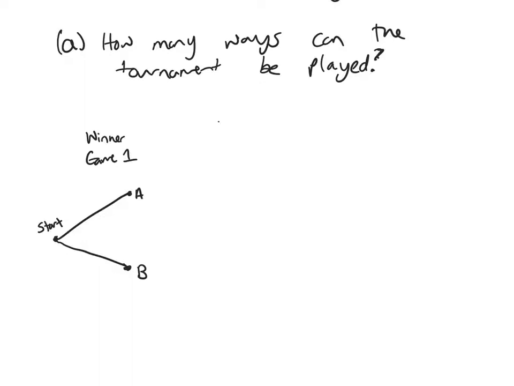So we have to go to a game 2. For each one of these, if A won the first one, either A could win the second one or B could win the second one. And the same thing here, if B won the first game, A could win the second one, or B could win the second one.